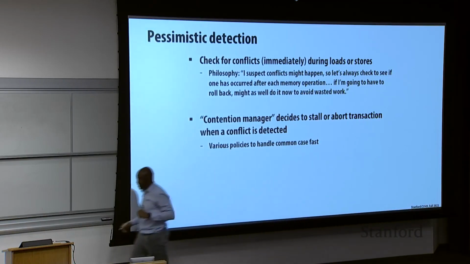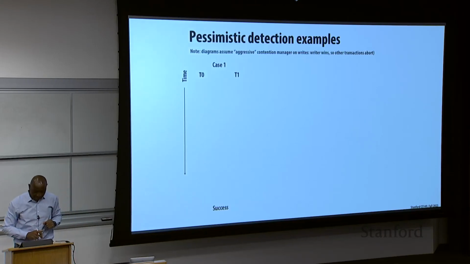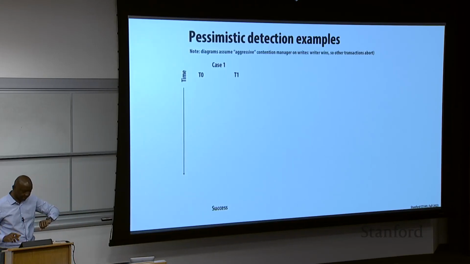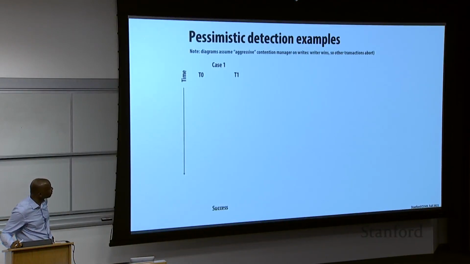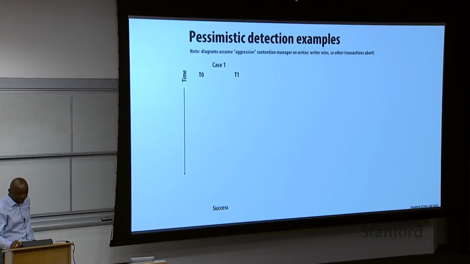So let's look at pessimistic in this case. In these diagrams, we're going to assume an aggressive contention manager that always allows the writer to win, and so other transactions have to abort.